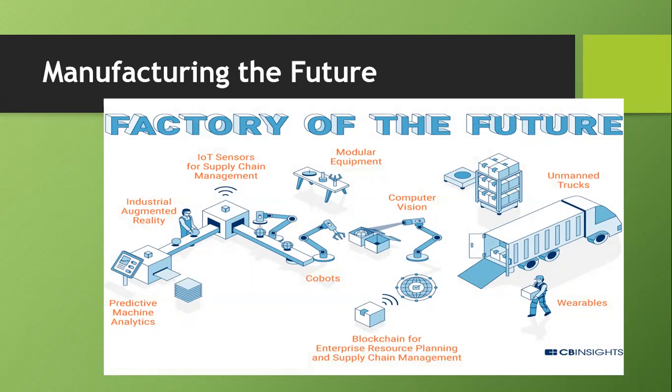So, for example, this one, Factory of the Future. In the future, guys, we will have the unmanned truck. It is computerized already, the unmanned truck. So, these are the machines.